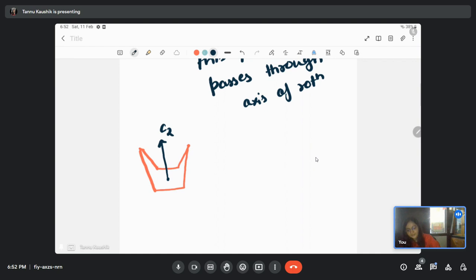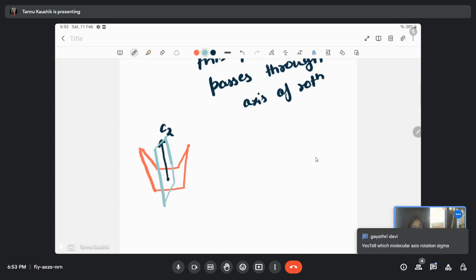See, this is the C2 here. We don't have an improper axis of rotation here, but I will show you how I'm saying this.